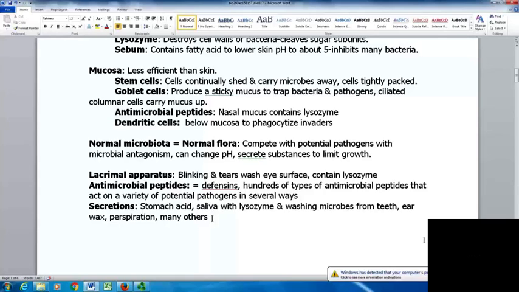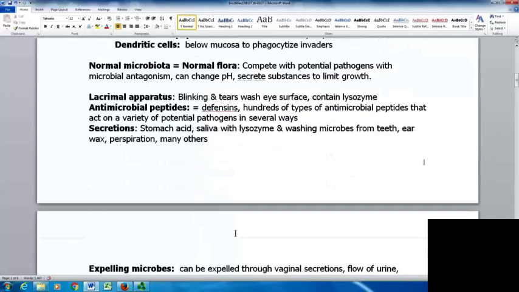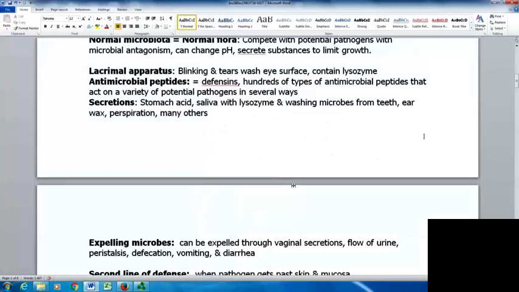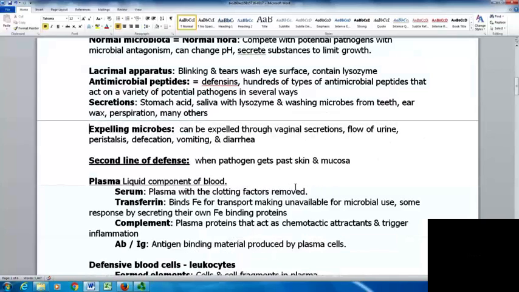There are actually hundreds of types of antimicrobial peptides in the body that act on a variety of potential pathogens in several ways. Some of the secretions we produce include stomach acid and saliva with lysozyme, which helps to wash microbes from the teeth. Earwax, perspiration, and many others help to combat bacterial infections.